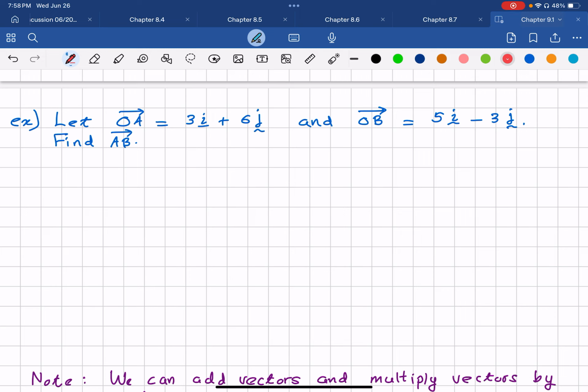Let's go through this example as well. In this case, I have given OA equals 3i plus 6j and OB equals 5i minus 3j. Now I would go with this notation. So then what is AB? Again, AB is equal to OB minus OA. OB is 5i minus 3j minus OA, which is 3i plus 6j.